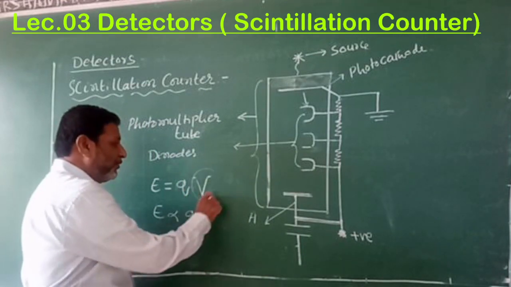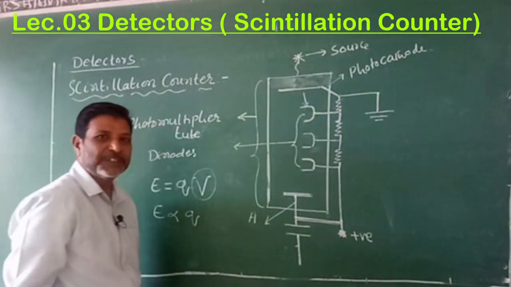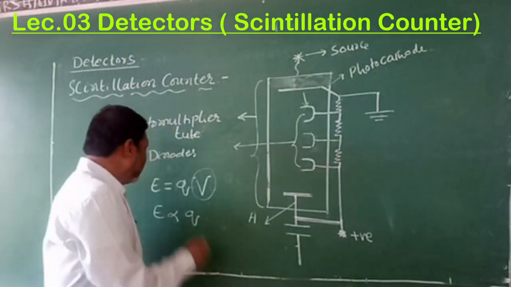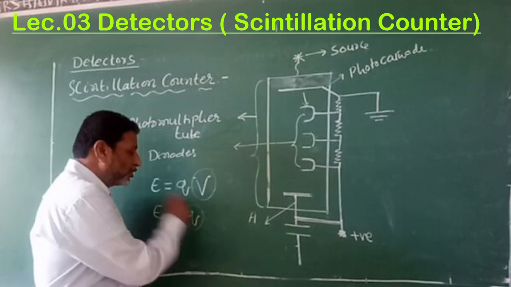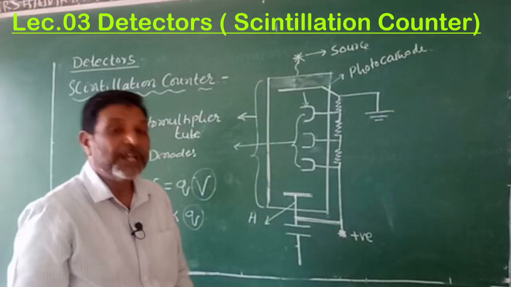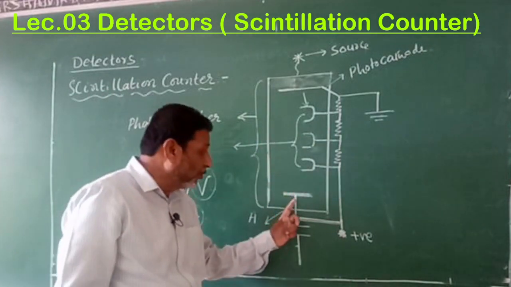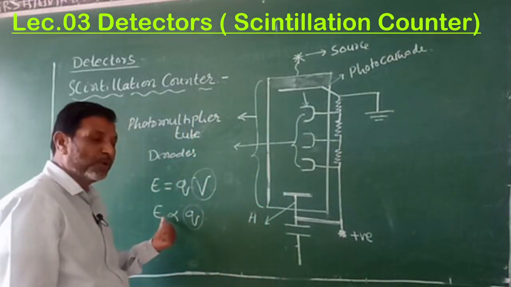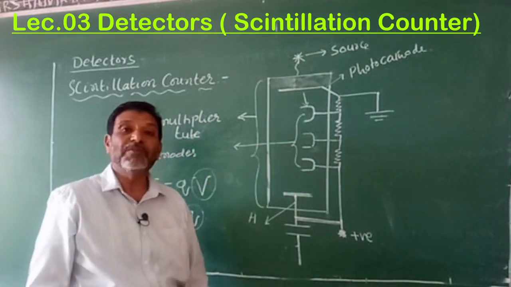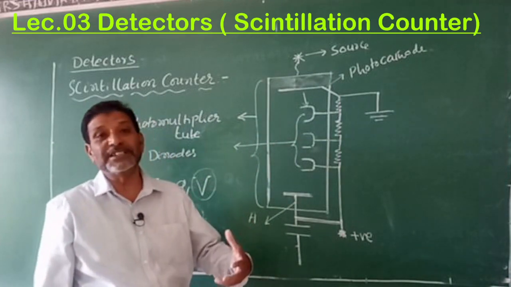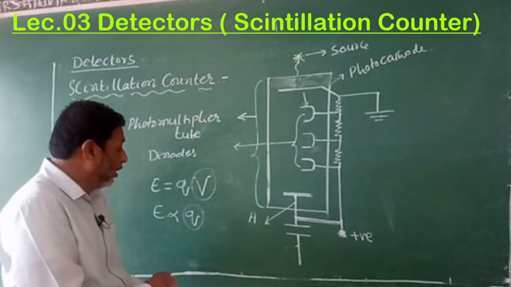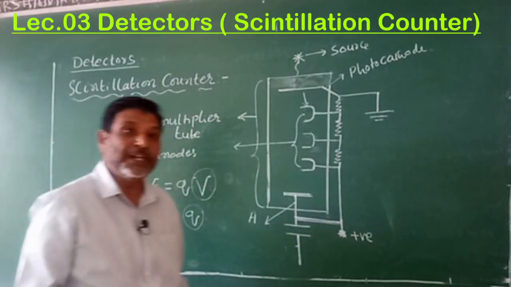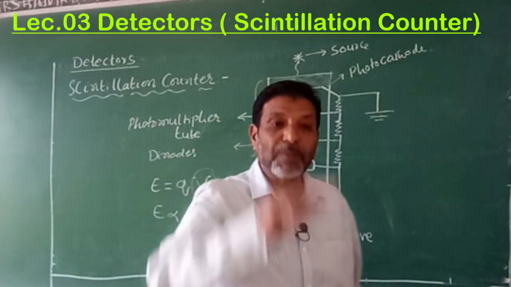Because the applied potential difference is a constant, but the energy is directly proportional to the charge Q. If more electrons reach the anode, the charge will be more, and ultimately the energy is more. If fewer electrons reach the anode, the charge is less, and the energy will also be less. As I told you, this final energy will appear in the form of a pulse.